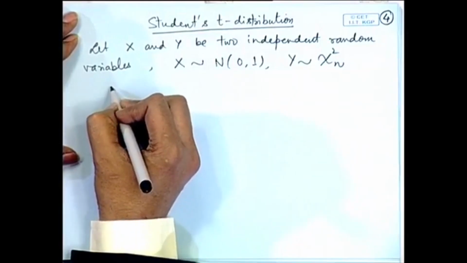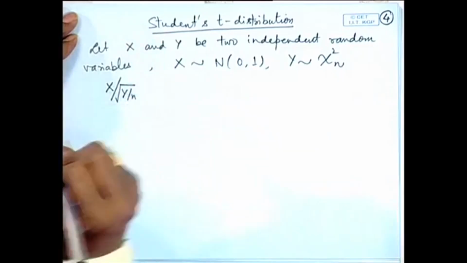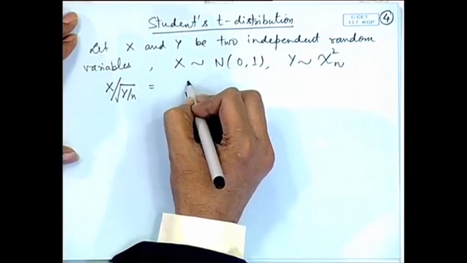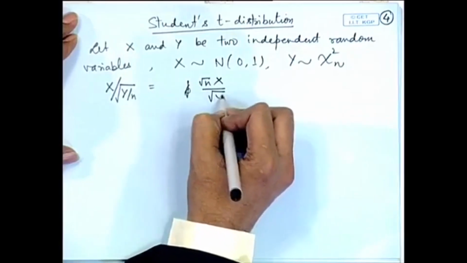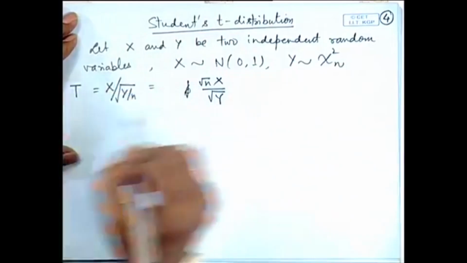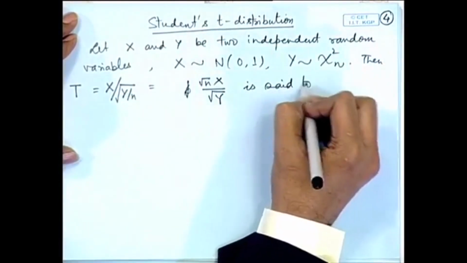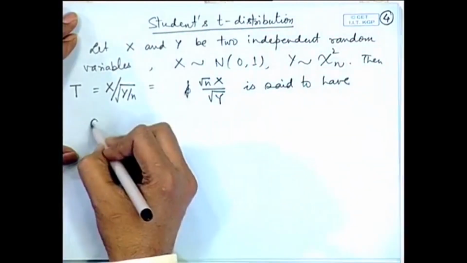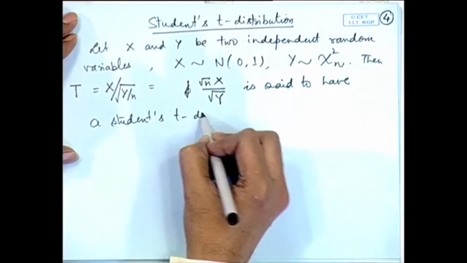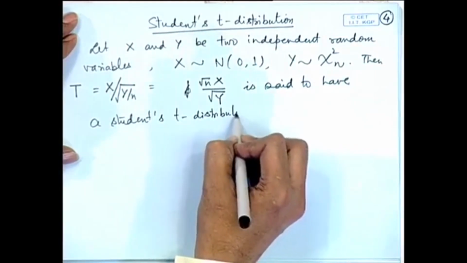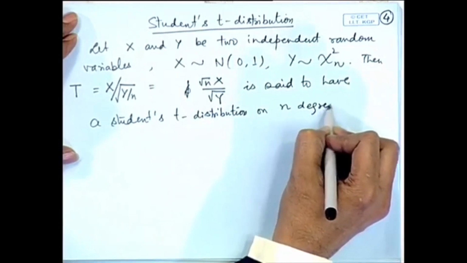If I consider the ratio X divided by square root of Y by n, so let me write it as square root n X by square root of Y, let me call it say T. Then this T is said to have a student's T distribution on n degrees of freedom.